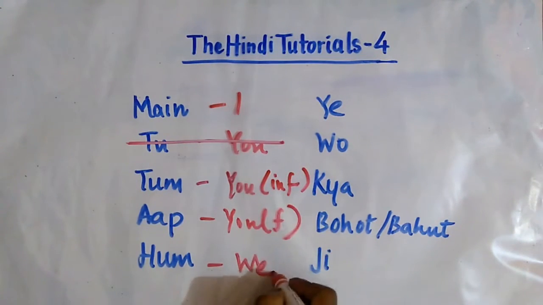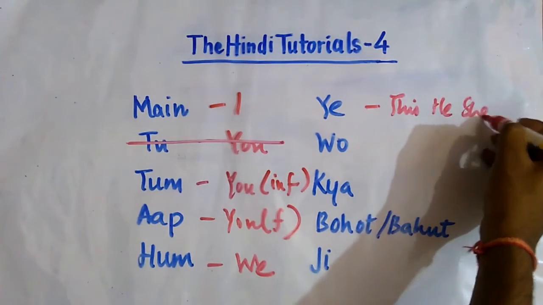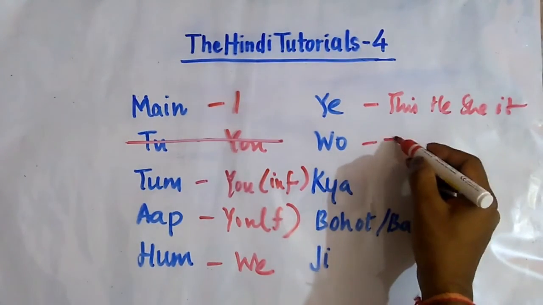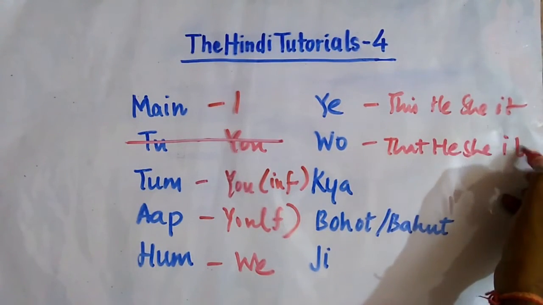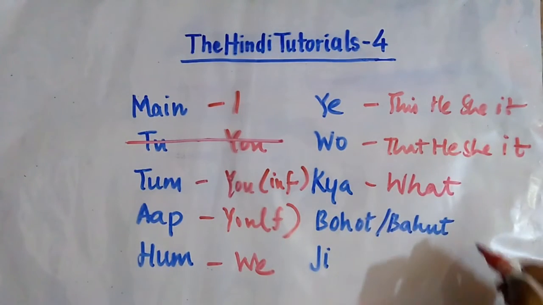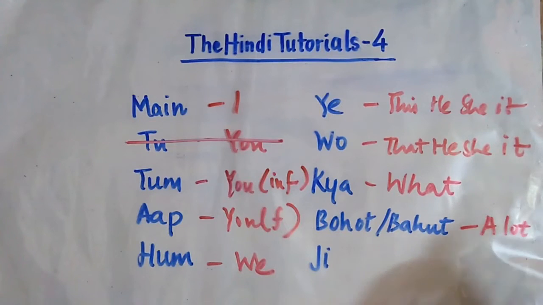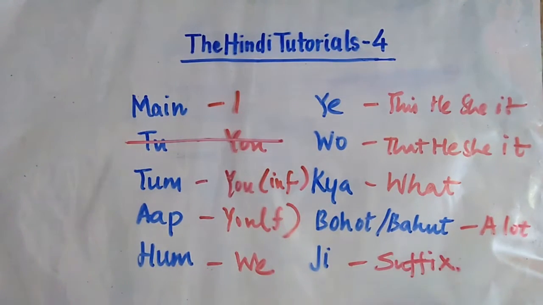Hum is we. Ye is this, or he, or she, or it. Wo is that, or he, or she, or it. And kya is what. Bahut is a lot. And G is a suffix to show more respect.